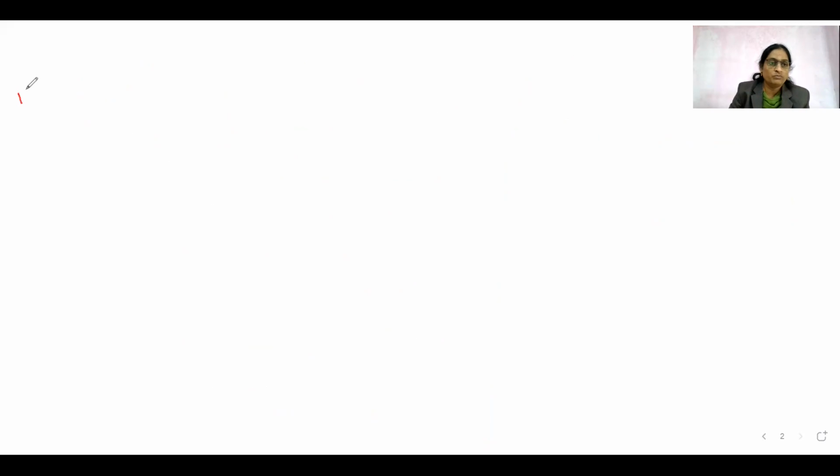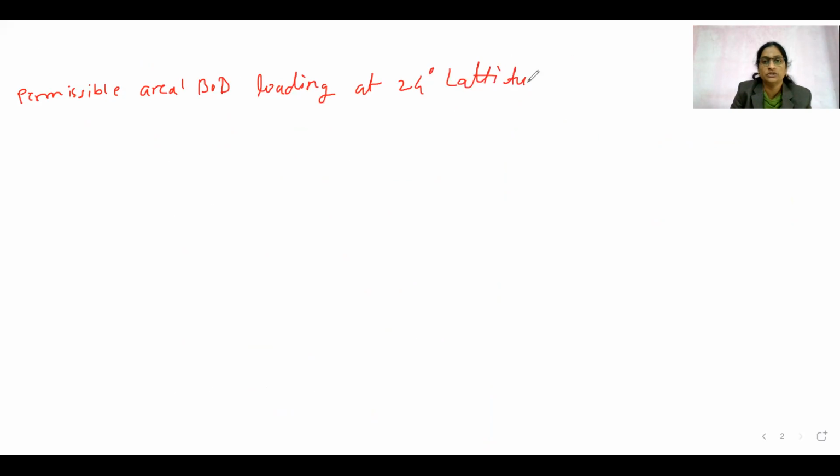So I will write here: permissible aerial BOD loading at 24-degree latitude is equal to 225 kg per hectare per day.